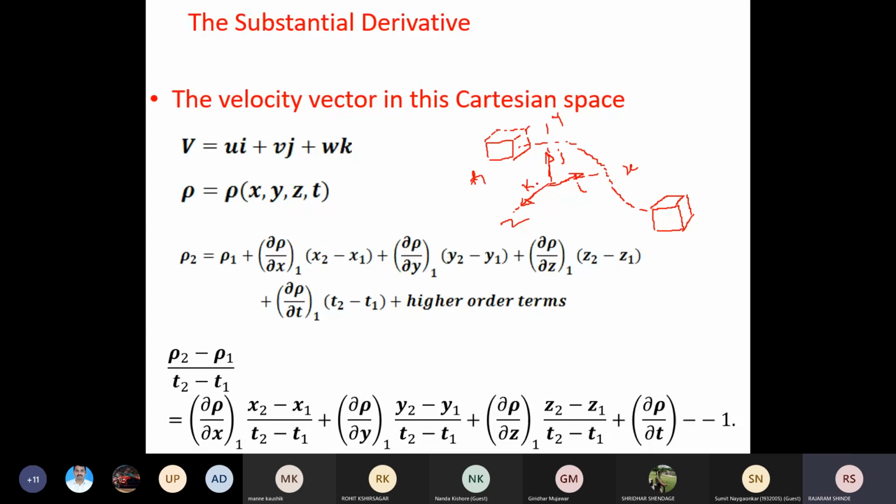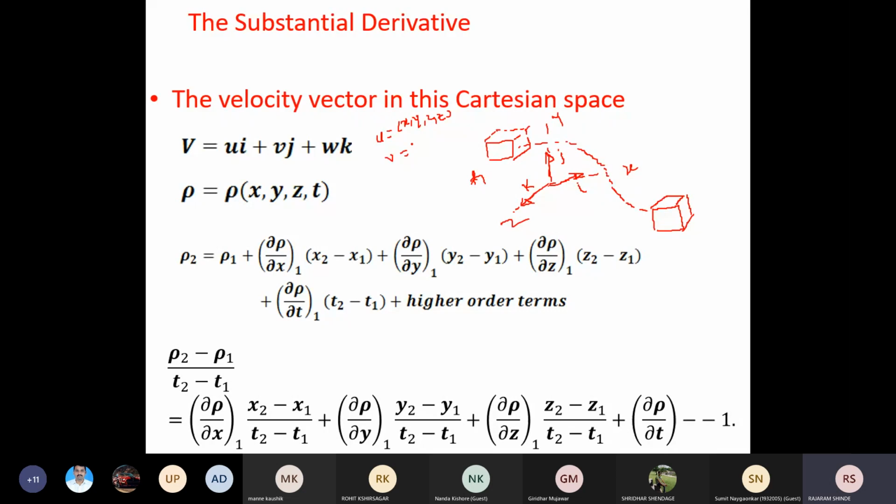Okay. Now consider the velocity vector. The velocity vector is in the form of ui, vj, and wk. u is the velocity in x direction, v is the velocity in y direction, and w is the velocity in z direction. Now here u is not constant. u is a function of x, y, z, and t. v is also the same thing.